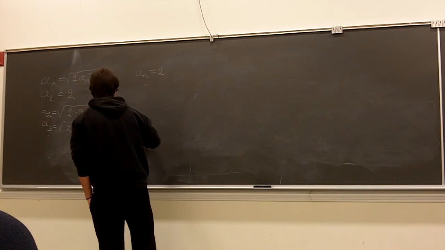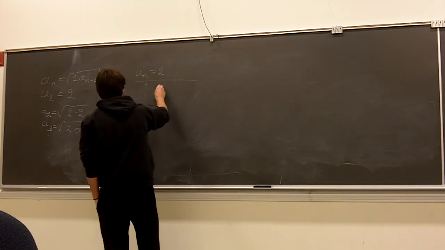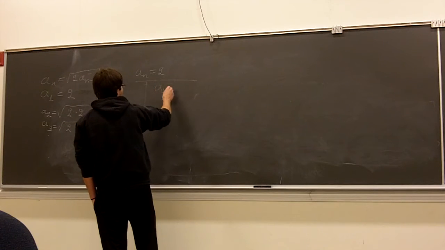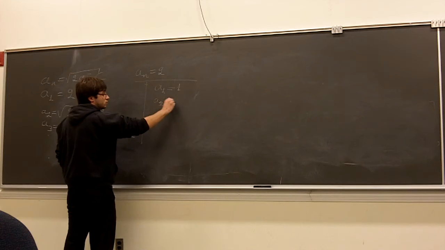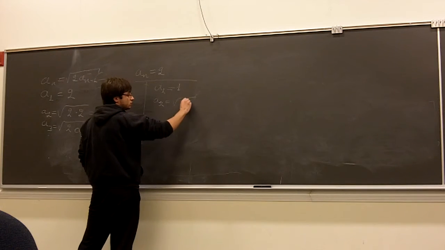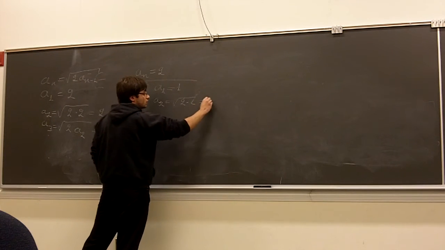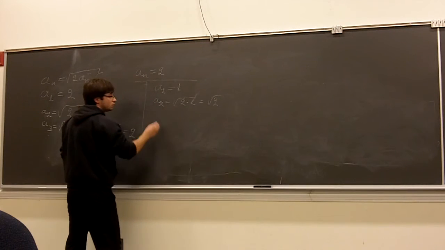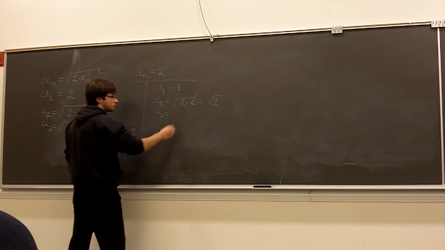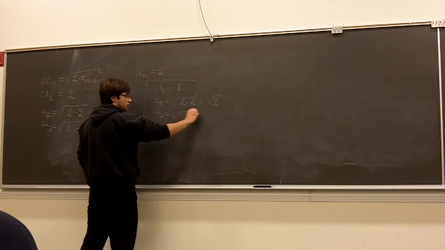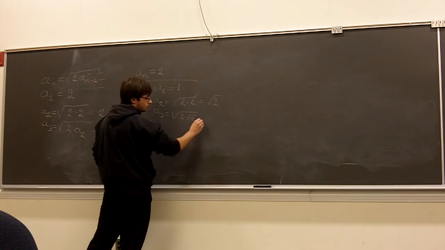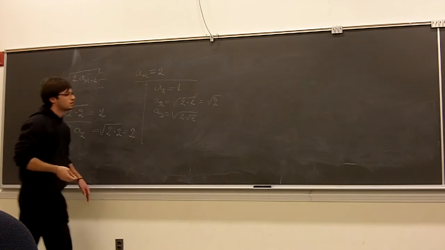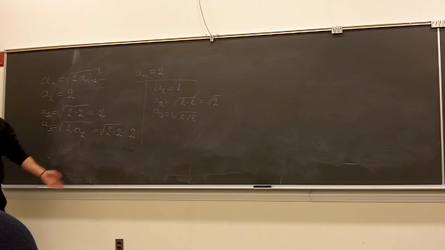On the other hand, if you change the initial value, if you say a1 is equal to 1, then a2 is square root of 2 times 1, which is square root of 2. And a3 is square root of 2 times square root of 2, and things are getting more complicated on this part.